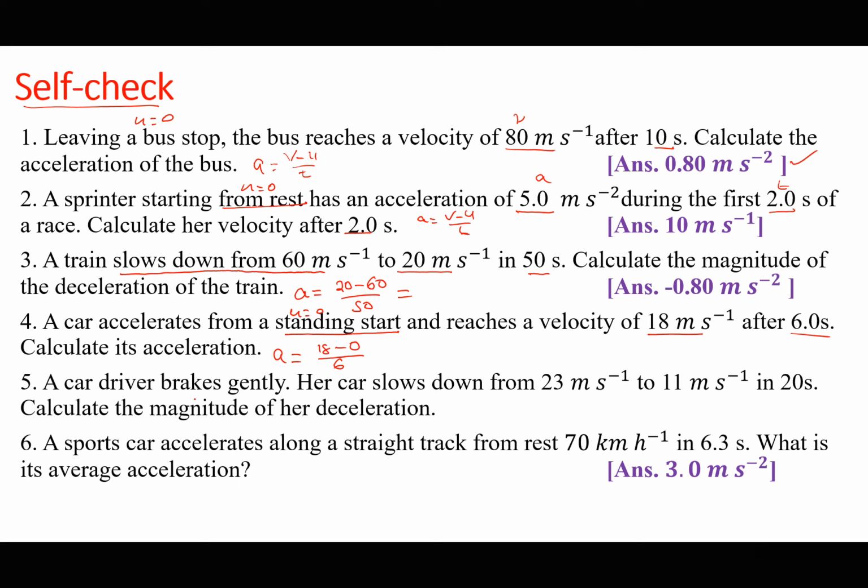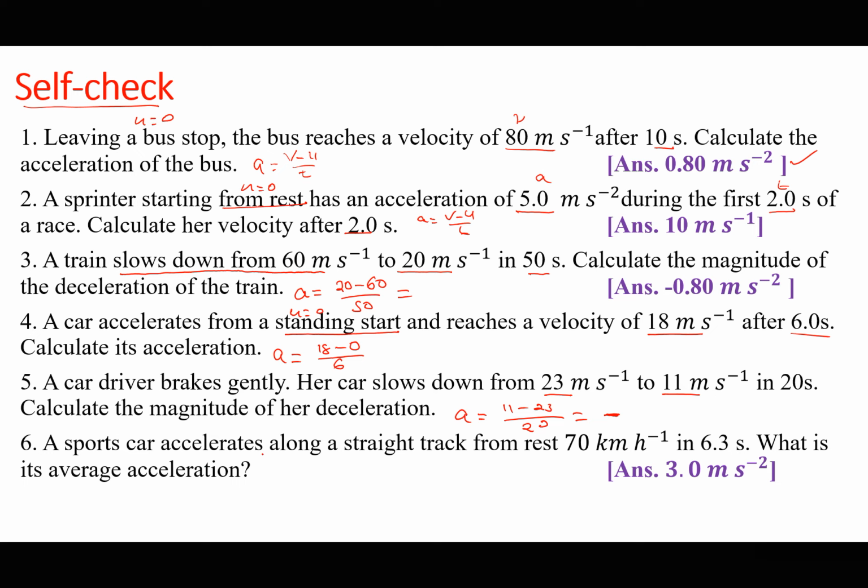A car driver brakes gently, her car slows down from 23 to 11 in 20 seconds. Calculate the magnitude of her deceleration. The deceleration is the final velocity minus the initial velocity divided by time. You expect the answer to be negative because it is a deceleration.